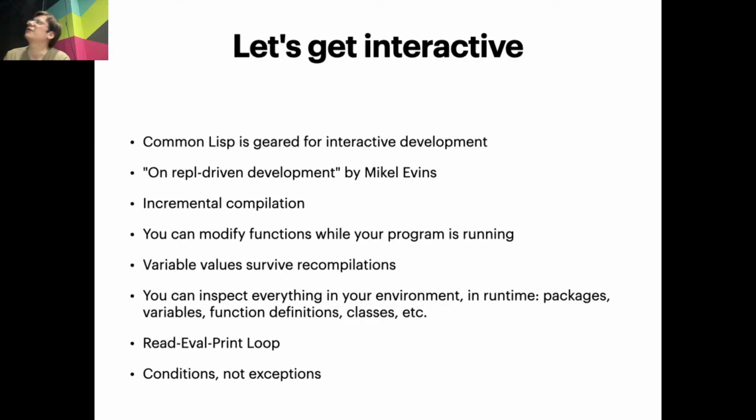But if we define it with the defparameter form, it gets replaced every time with its argument. But generally variable values survive our recompilations, so we can change our program while it's running without losing its state. So this is how we can develop our program interactively.